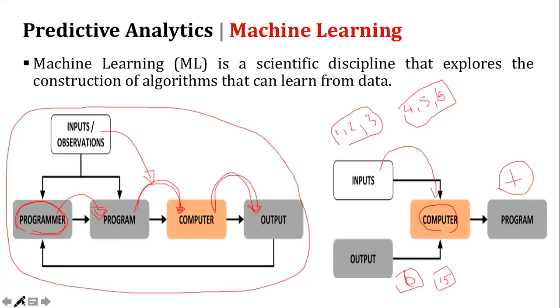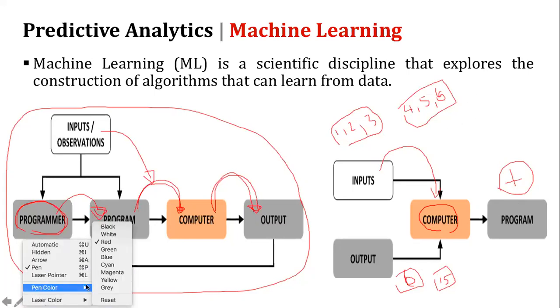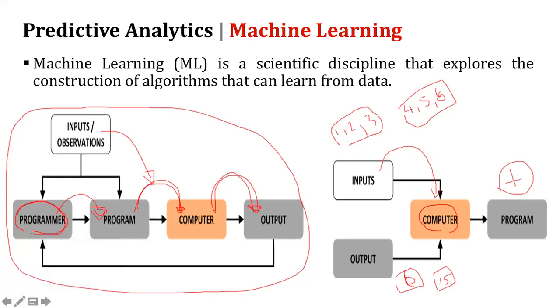And the next moment, if I give 10, 11, 12 as my data set, then the computer will know, and I'm not going to give the total this time, because now I have made the computer learn with these 2 data sets, right?